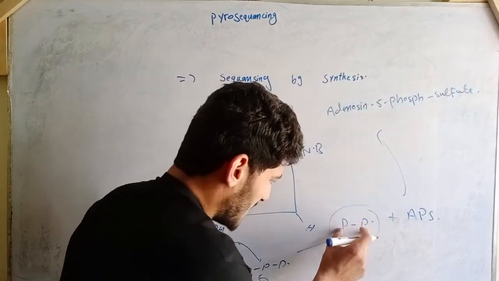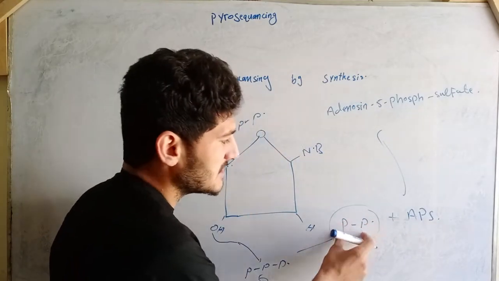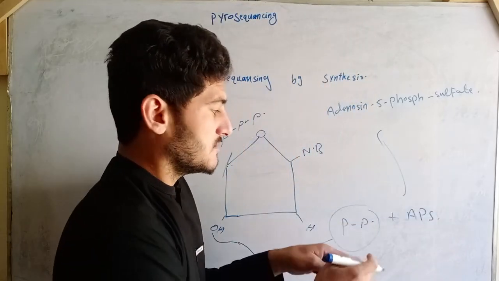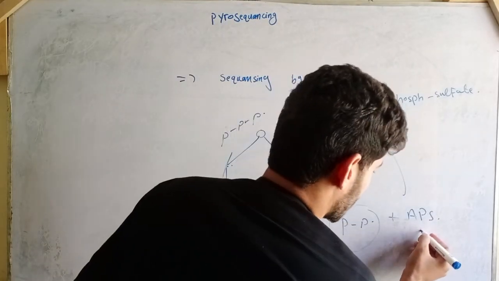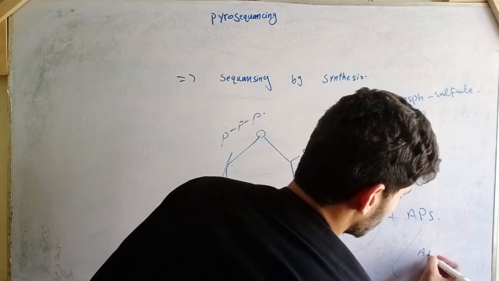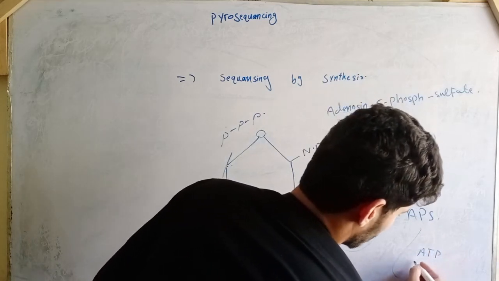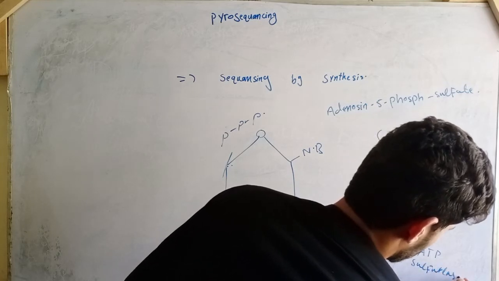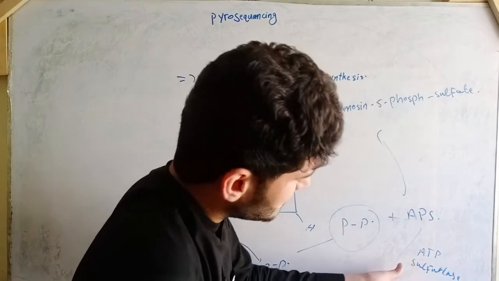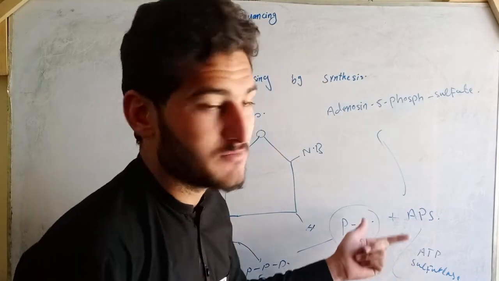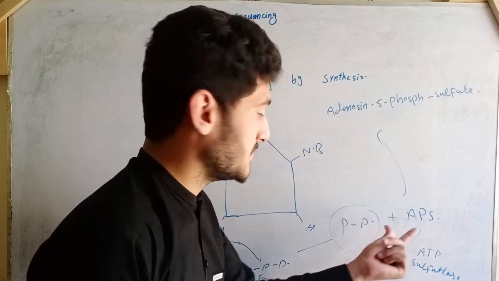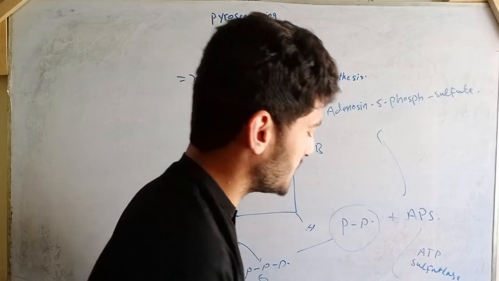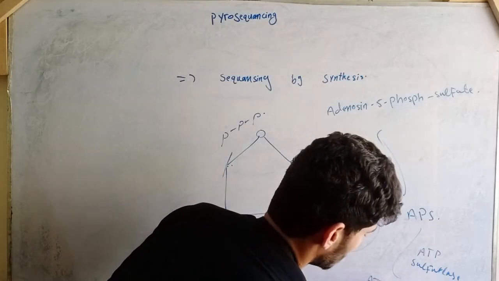So when this pyrophosphate is formed, it combines with APS substrate in the presence of an enzyme called ATP sulfurylase. The function of ATP sulfurylase is to form an ATP molecule from the pyrophosphate and the substrate APS. So these two combine and form an ATP molecule.